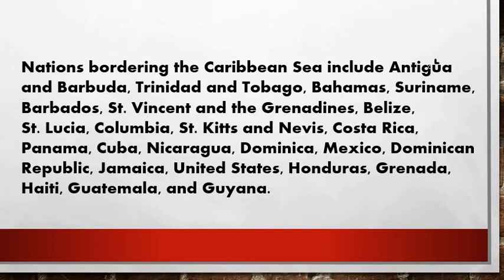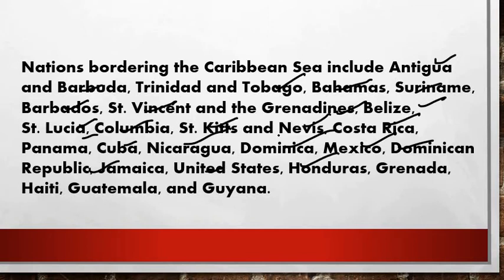It includes Antigua and Barbuda, Trinidad and Tobago, Bahamas, Suriname, Barbados, Saint Vincent and the Grenadines, Belize, Saint Lucia, Colombia, Saint Kitts and Nevis, Costa Rica, Panama, Cuba, Nicaragua, Dominica, Mexico, Dominican Republic, Jamaica, US, Honduras, Grenada, Haiti, Guatemala and Guyana.